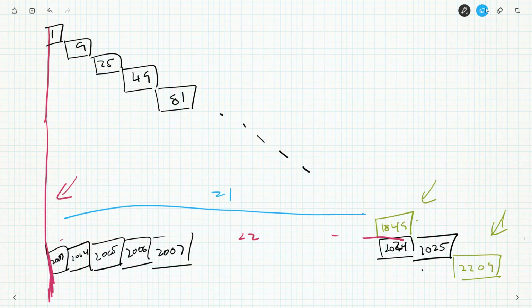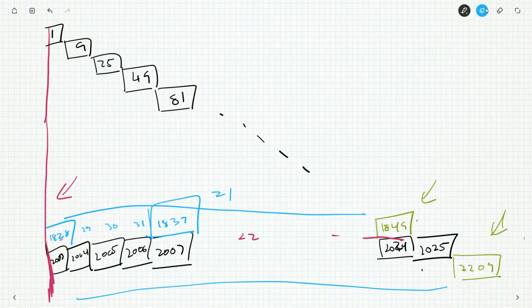So 1849 minus 21, we'll be looking at 1828. Then 1829, 1830, 1831. 1832 is what's going to be above the 2007 because it's 5 spaces over.